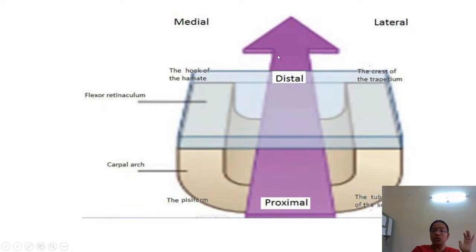Proximally, it is the continuation of the fascia present in the forearm. Distally, there is the aponeurosis in the palm, which is called the palmar aponeurosis. So your flexor retinaculum is present at this part. So we have told about the medial attachment, lateral attachment, proximal and distal.